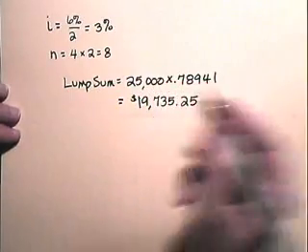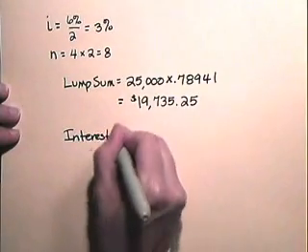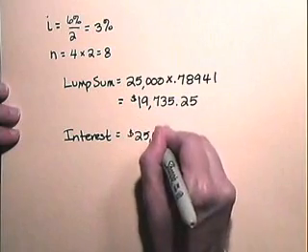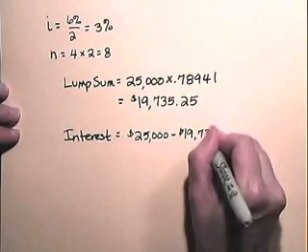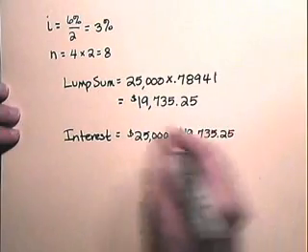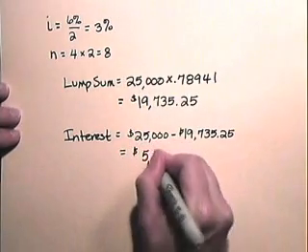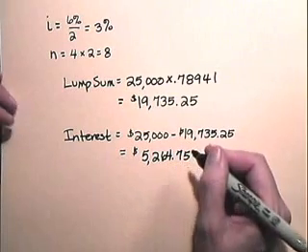The interest she will earn will be the difference between the $25,000 and the $19,735.25, which gives us $5,264.75.